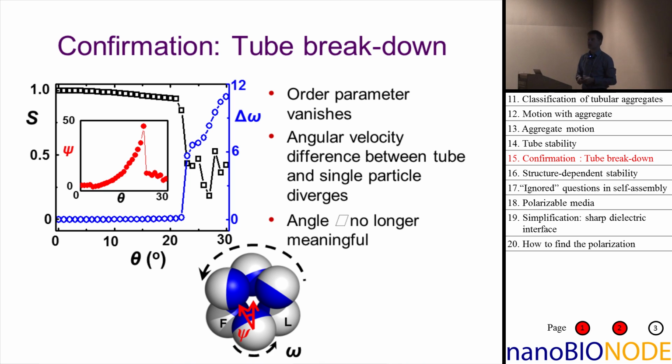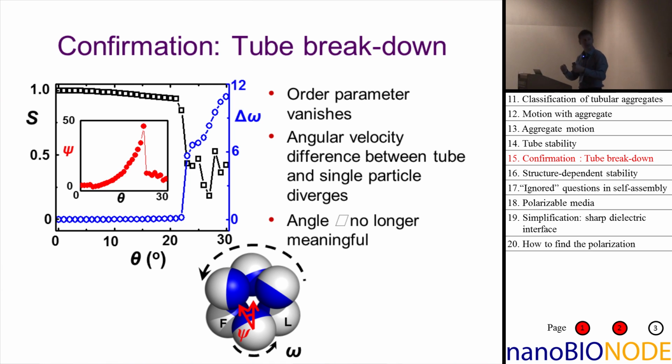We can look at it in another way. We can define an order parameter that tells us whether this tube is even a regular object. And this order parameter is more or less equal to 1 at all angles until, again, you hit this critical angle, and then the order parameter drops. This is the point where the particles want to spin so fast that the tube has to rotate like crazy.